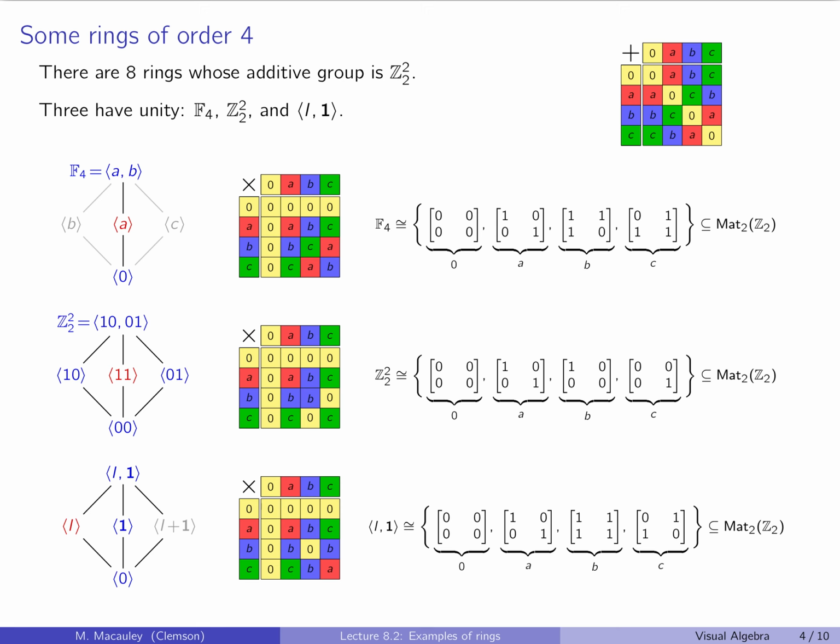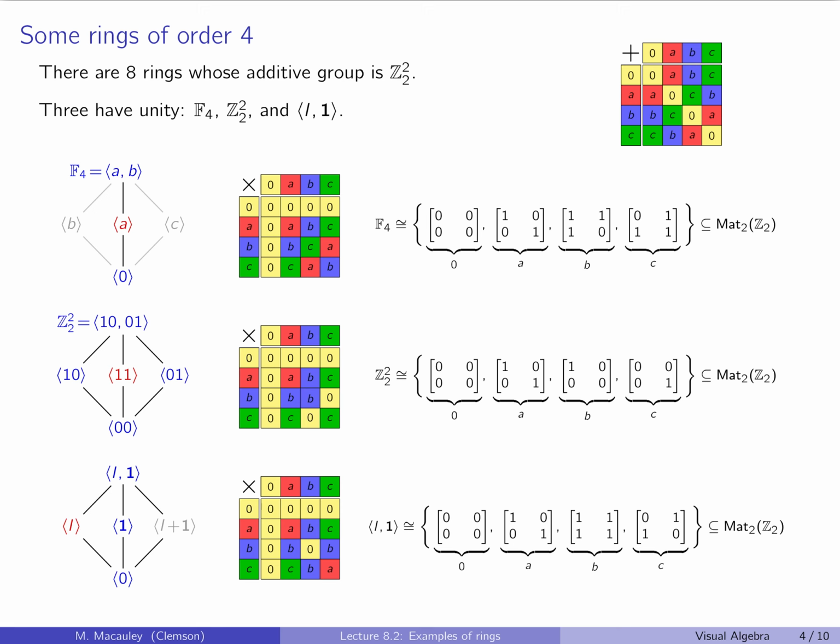And you can represent these with these 4 by 4 matrices over Z2. Notice it's like the identity matrix with the 1, 1 entry and then the 2, 2 entry. Finally, we come to this last ring, and so A is the identity matrix. Well, here are the elements. So B is the all ones matrix. If you multiply this by itself, you get the matrix 2, 2, 2, 2, which is 0 if you're over Z2.